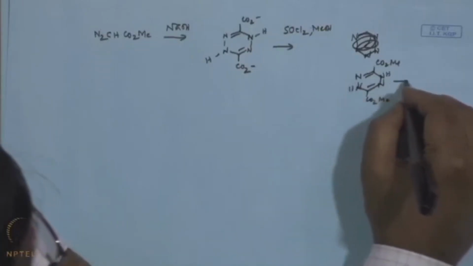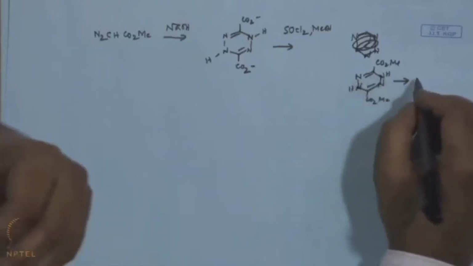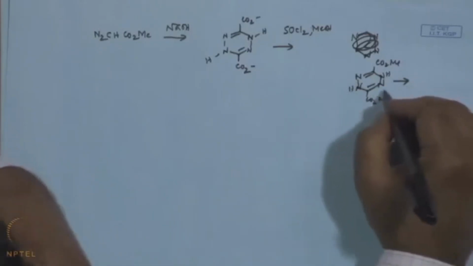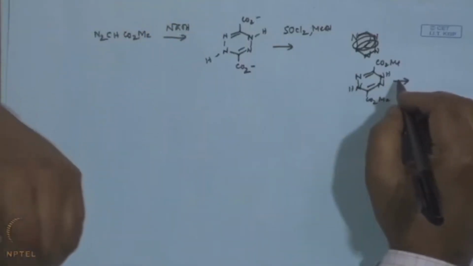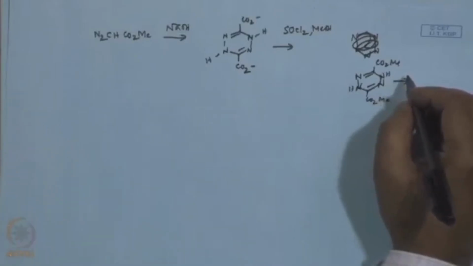What next? You have to remove these two hydrogens. So, basically you have to do dehydrogenation. So, how do you do the dehydrogenation? You have to basically look for some of the reagents.